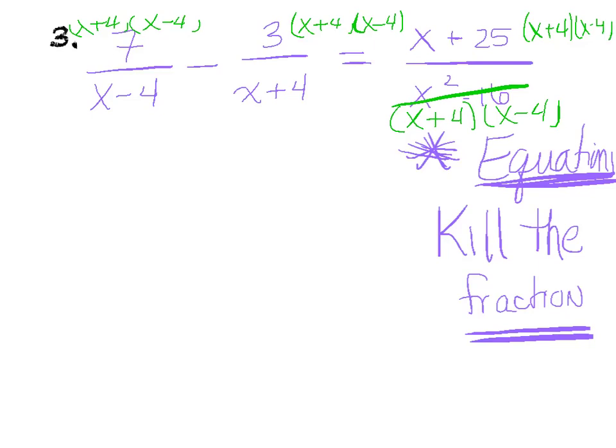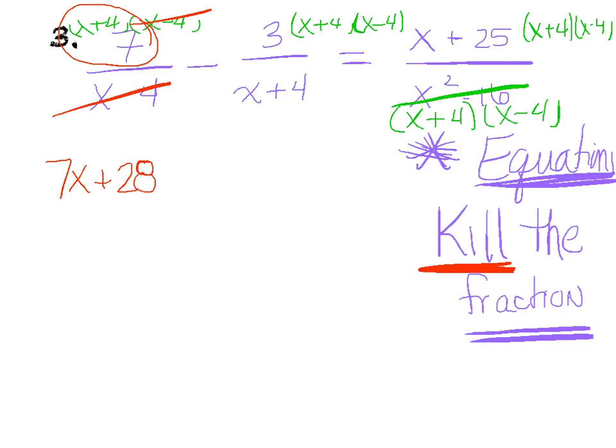Now the whole point of us doing that is we should kill each fraction. And when I say that, something should cancel on the top and the bottom. So in the first term, the x minus 4's cancel out, and I'm left with 7 times x plus 4, which is 7x plus 28. In the next term, the x plus 4's cancel, so I'm left with 3 times this quantity.